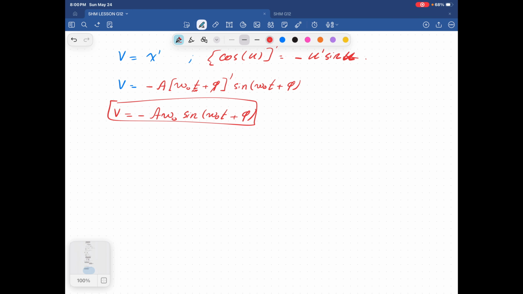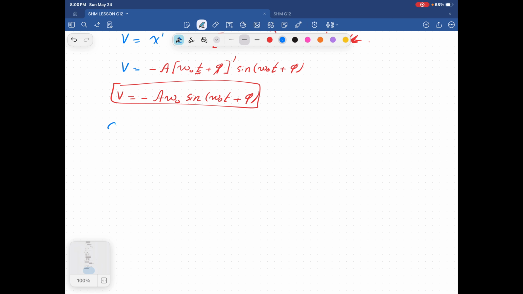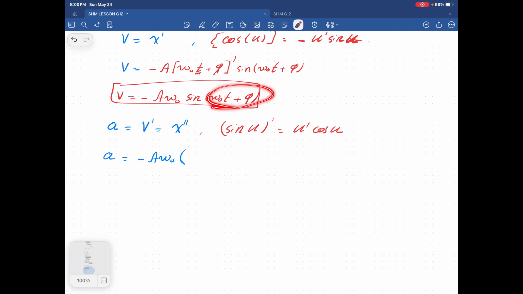We also have that the acceleration is the derivative of the velocity or double the derivative of the position, and so a is equal to, also a quick math refresh, the derivative of sine u is u prime cosine u. So this is minus a w0, those are constants. Again, the derivative of w0t plus phi is w0, and so it is w0 cosine(w0t plus phi).